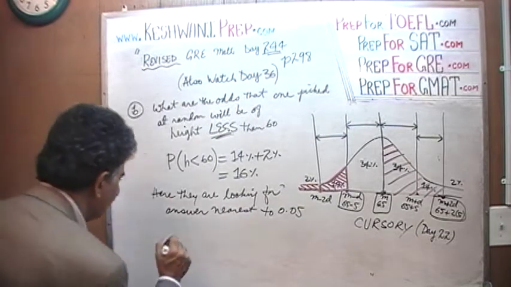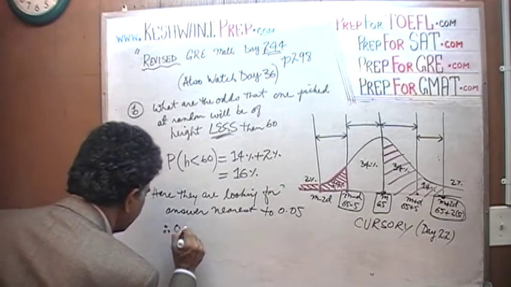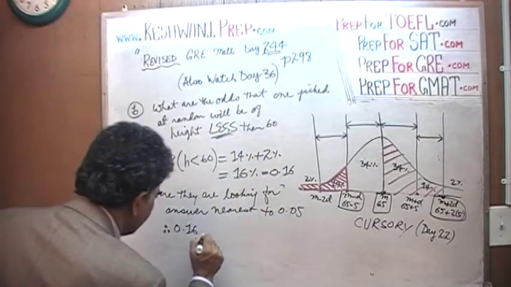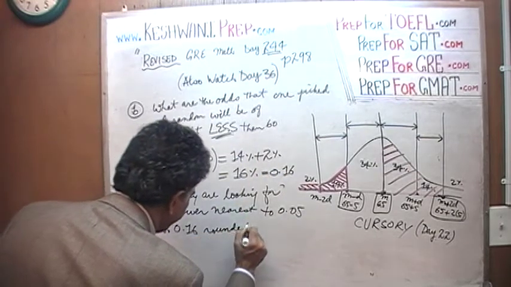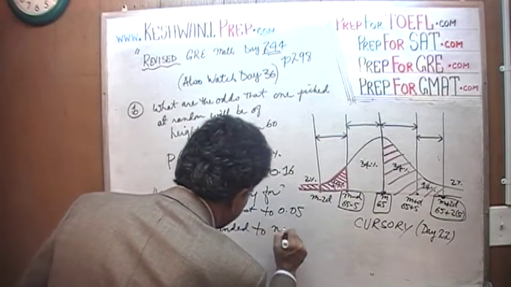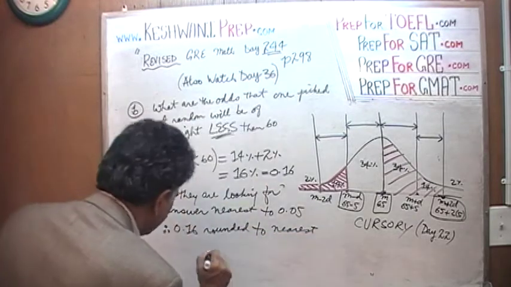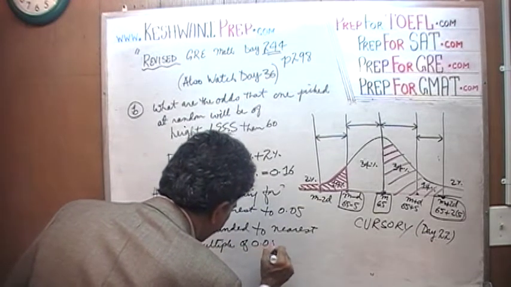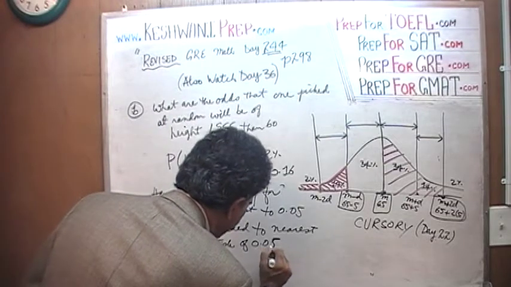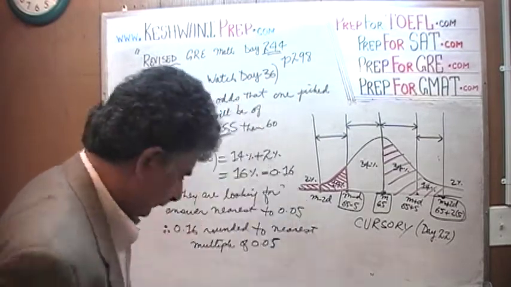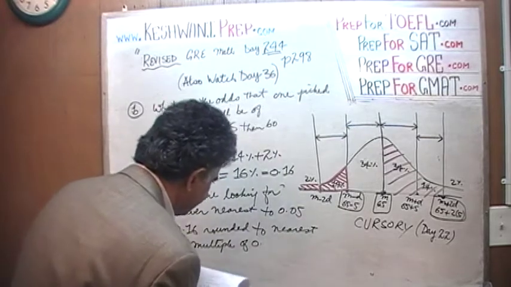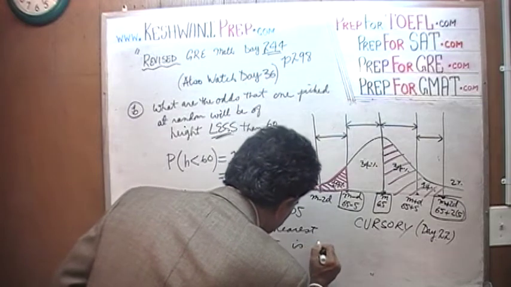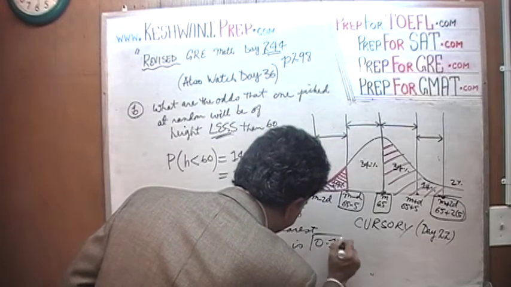Therefore 0.16, which is what this is in decimal, rounded to the nearest multiple of 0.05 is 0.15.